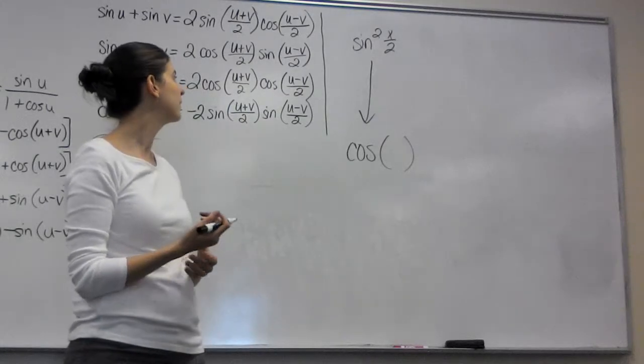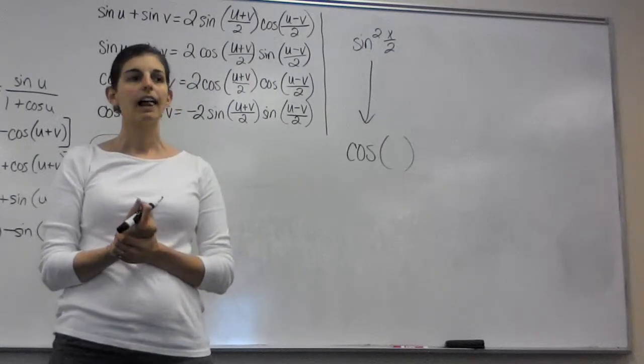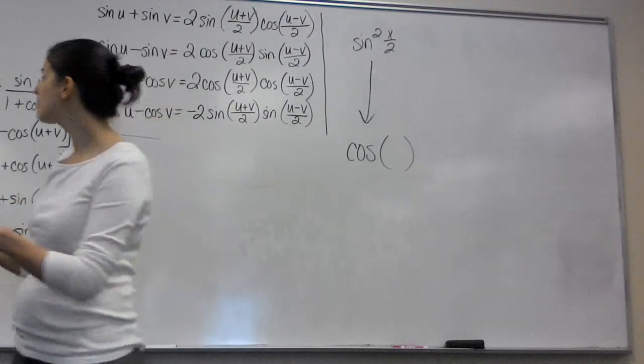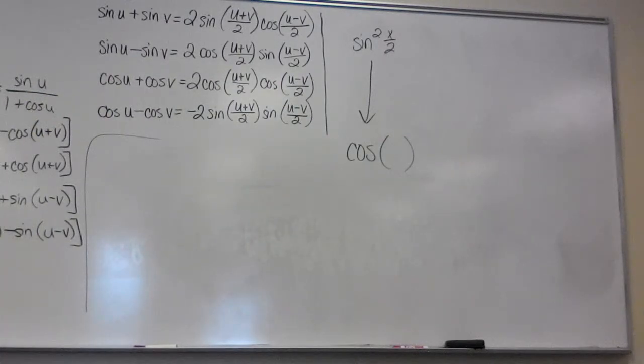How can I get there? Well, let's see. Let's use a property. I have several properties. Maybe one that transfers sine squared of something into something with a cosine. Maybe the one that has sine squared in it is going to be useful here.